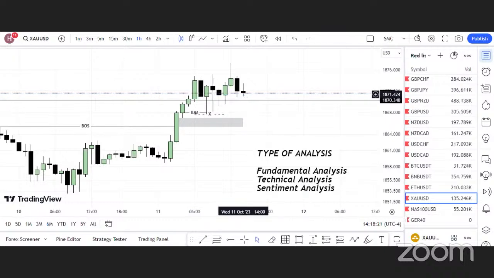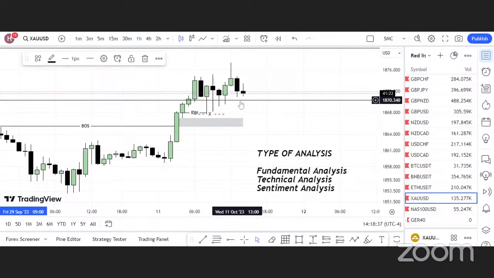Maybe I just start saying, this market is going to buy because of what I'm currently looking at here. I have this line, and this market has been rejecting my line for over 4 hours now. So I could just get sentiment and say, I think this market is going to buy. When you start thinking like that, it means you are getting sentiment. That is what sentiment analysis is all about. As a forex trader, you don't want to get too much sentiment over a particular pair or a particular instrument.